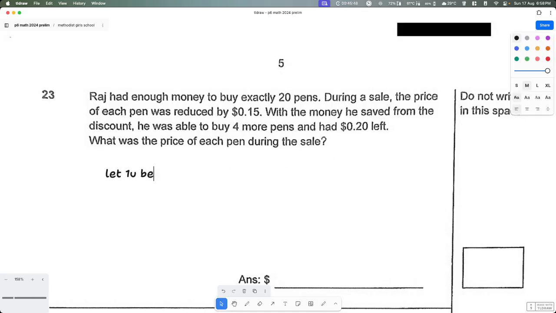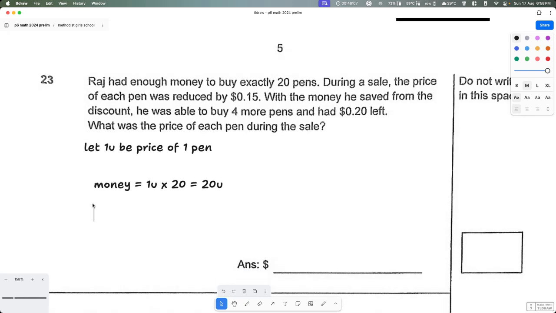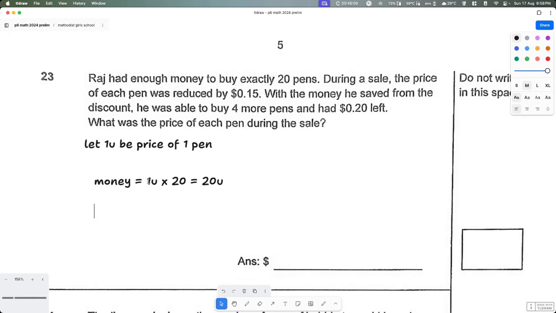Let 1 unit be the price of 1 pen. So Raj has money equal to 1 unit times 20, which is 20 units. During a sale, each pen was reduced, so with the money he saved, he was able to buy 4 more pens.